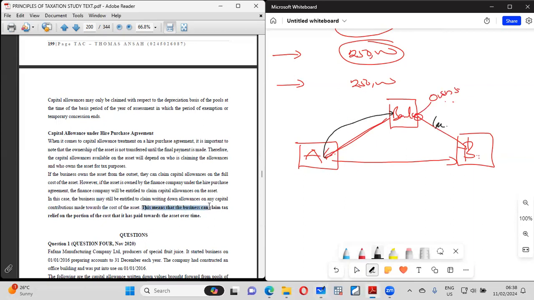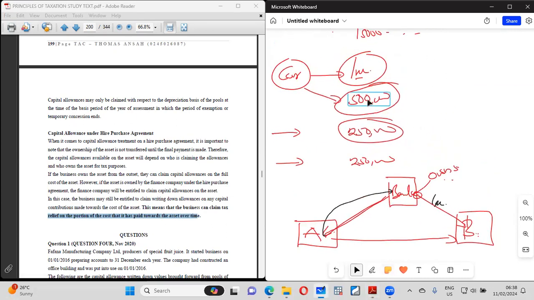This means that the business can claim tax relief on the portion of the cost it has paid towards the asset over time. So as you pay, that is the basis for your capital allowance. All right, so basically that is that.